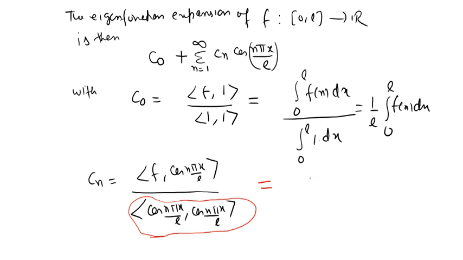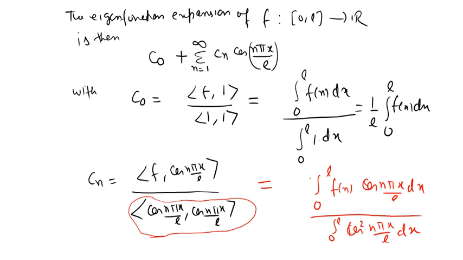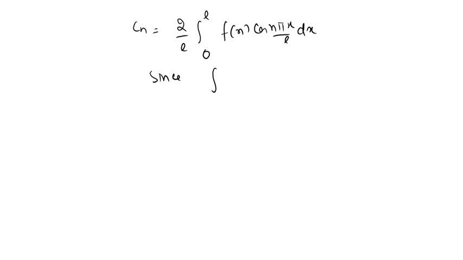This will be the integral 0 to L of f x cos n pi x by L dx, divided by the integral 0 to L of cos square n pi x by L. So Cn equal to, that will be again L by 2, so 2 by L integral 0 to L f x cos n pi x by L dx, since the integral 0 to L of cos square n pi x by L dx is just L by 2.